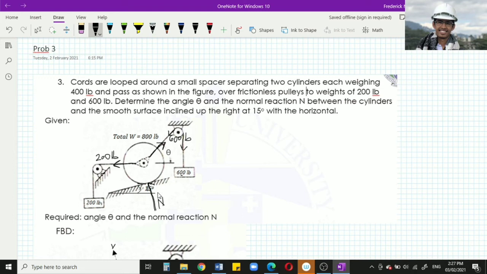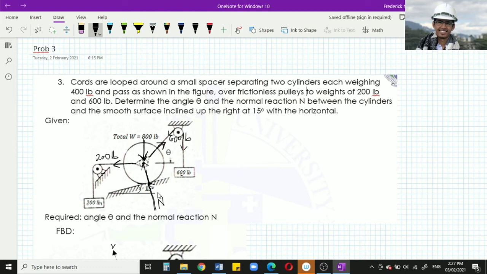So yung magiging direction natin kapag weight ang pinag-uusapan, always na downward vertically yung ating direction ng ating force. Okay, so that will be 800 downward. And then ito yung magiging line of action ng normal force natin dun din sa sentro ng ating cylinder.